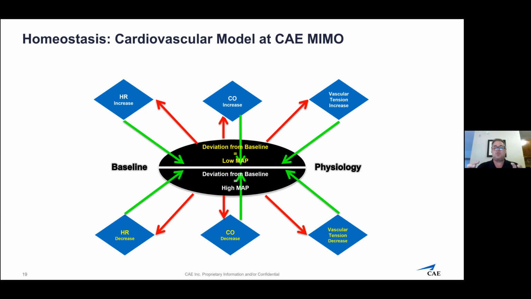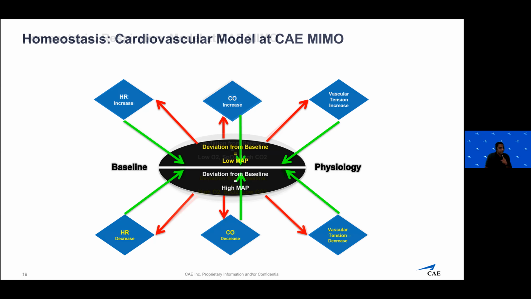So if you think of that circle as the two max ends of the baseline, as I increase or decrease any of these values, I'm going to start to move that in another direction. But also remember that as I move that in the other direction, the other blue triangles are also going to get moved in the directions that they're pushed or pulled based on mean arterial pressure. So a true multi-input, multi-output type of model. I think they did a good job with this. It's kind of busy, I do agree.